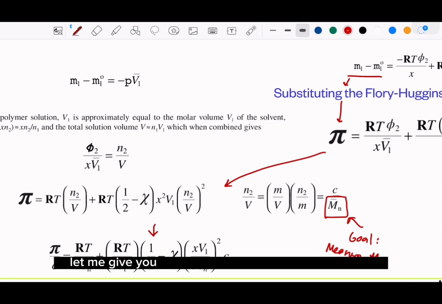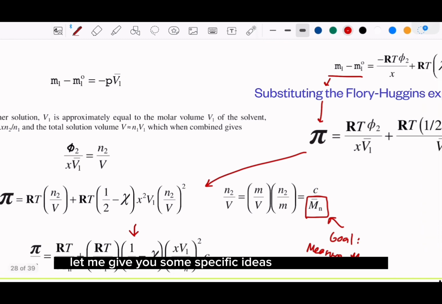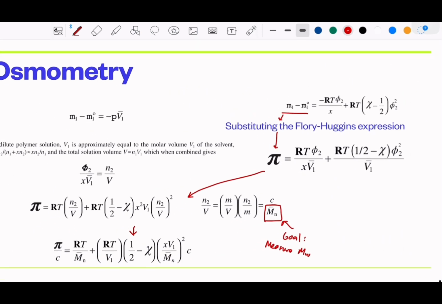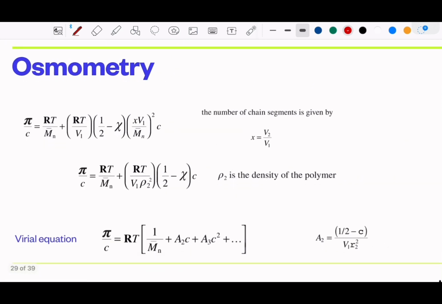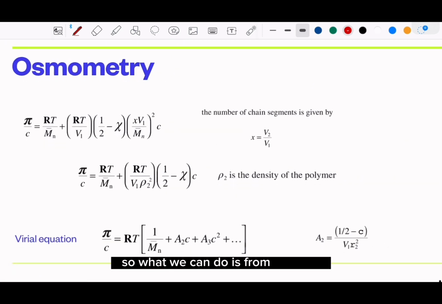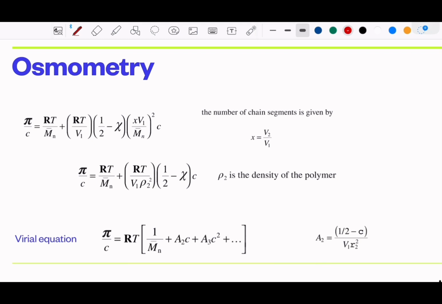Let me give you some specific ideas on how we could set up some experiments. So what we can do is, from this part, we still have this V1, which is still not really good for our approximation. So we want to remove this V1.